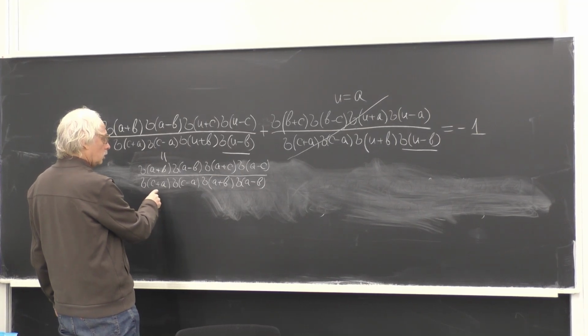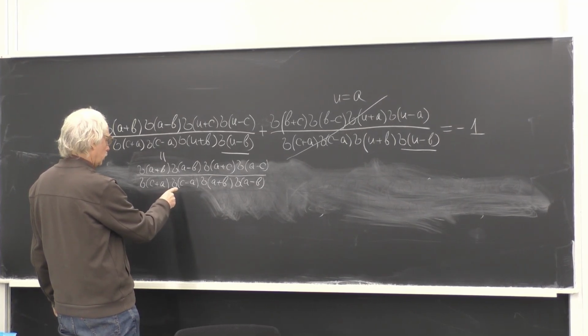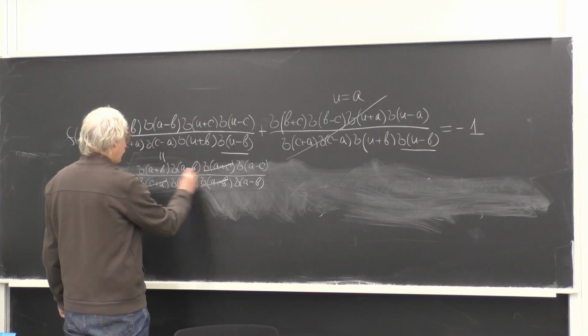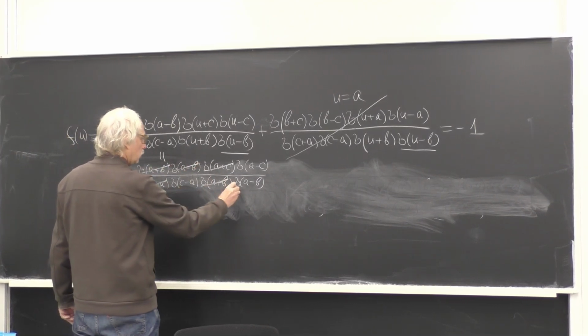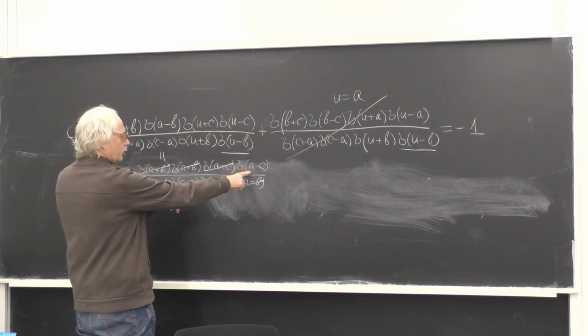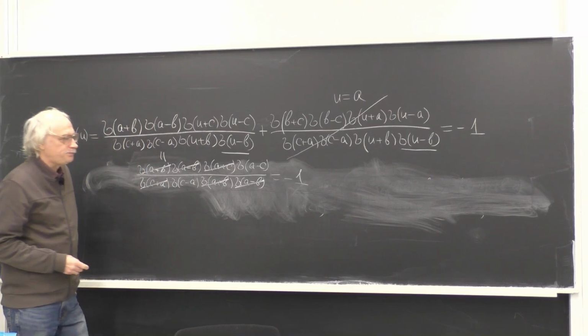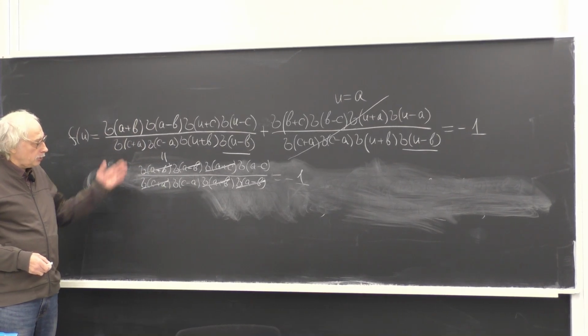There are many cancellations, and we are left with this and this, so this is -1. So the identity is proved.